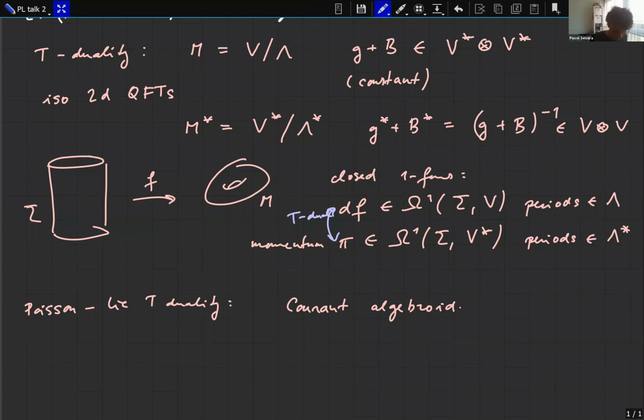Yeah, and this is now tricky stuff. So I'm not sure, maybe shout at me if I should really explain what a Courant algebroid is. I will just say a couple of words, and if you're not satisfied, then somebody start shouting at me.